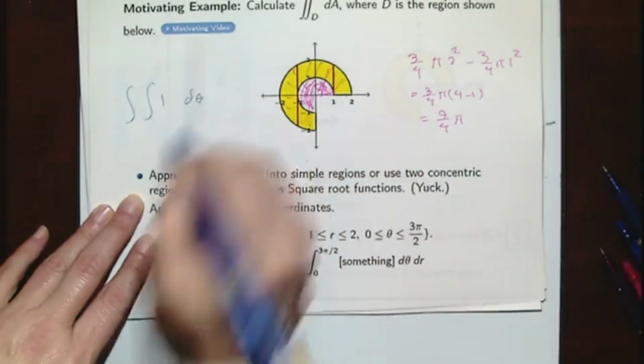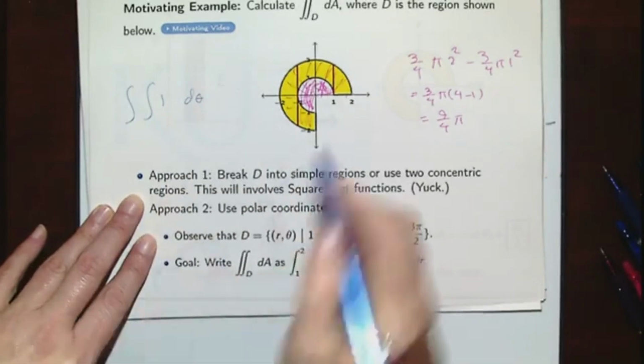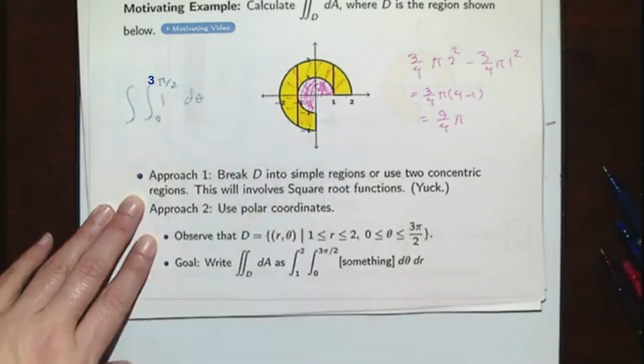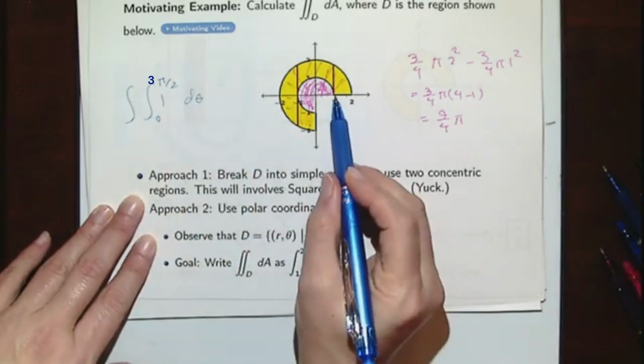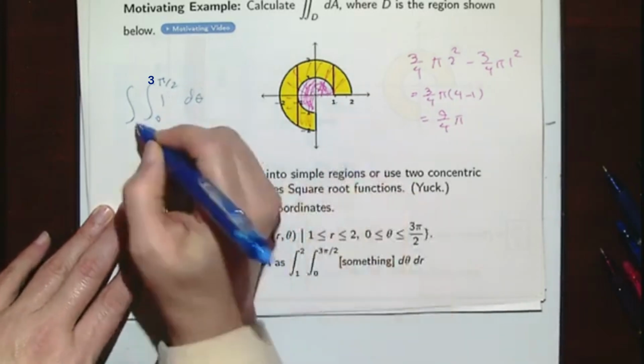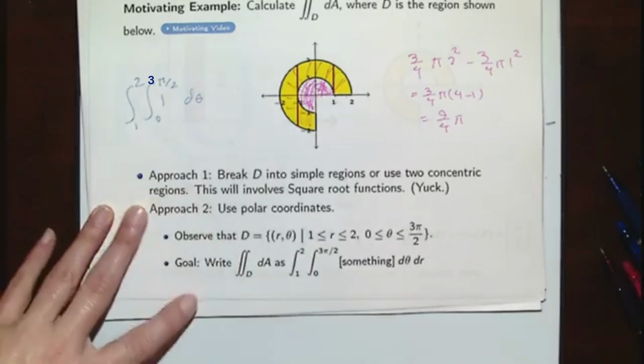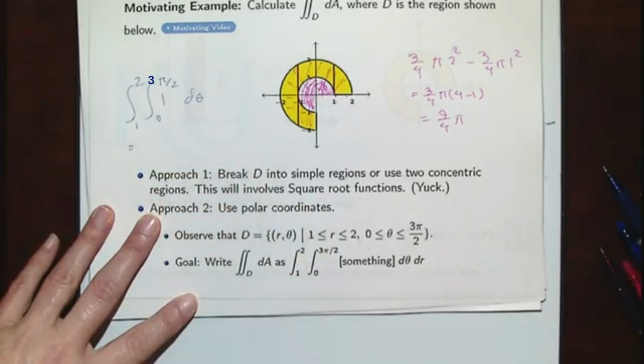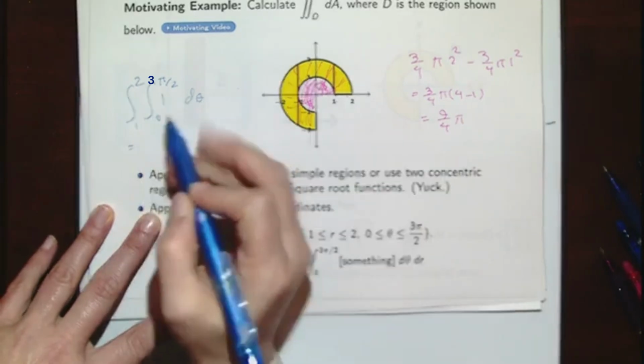What is d theta? 0 to pi over 2. What is r? What is the lowest r? 1 to 2. Let's integrate. So now what do I do?